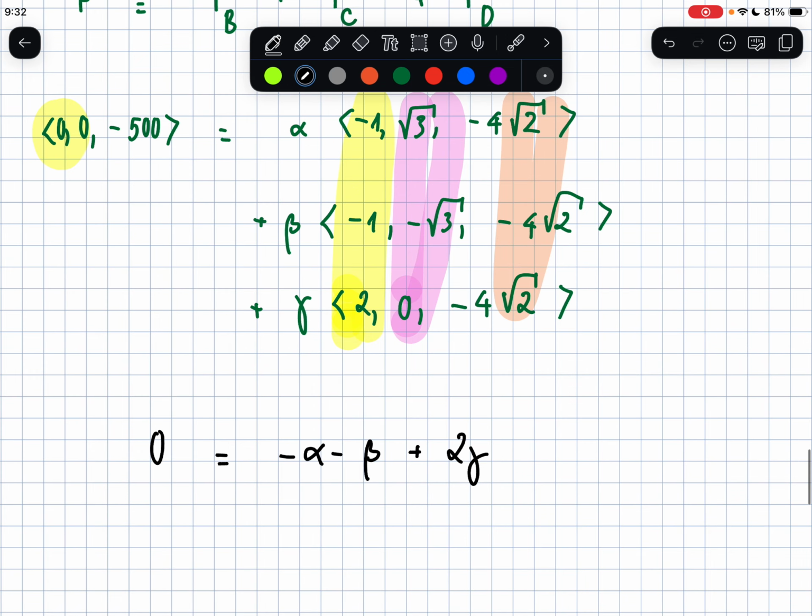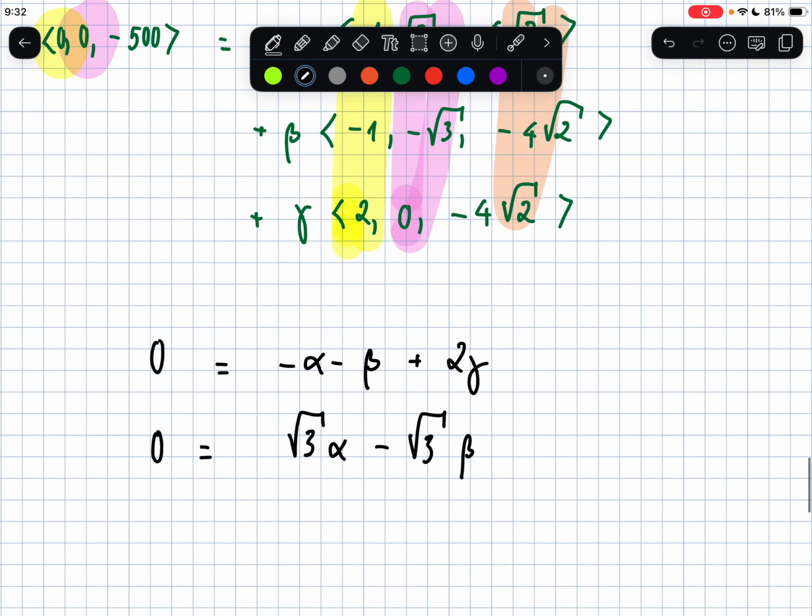For the second one, 0 equals square root 3 times alpha minus square root 3 times beta plus 0 times gamma.